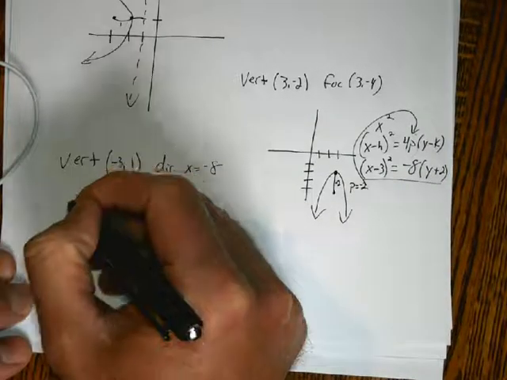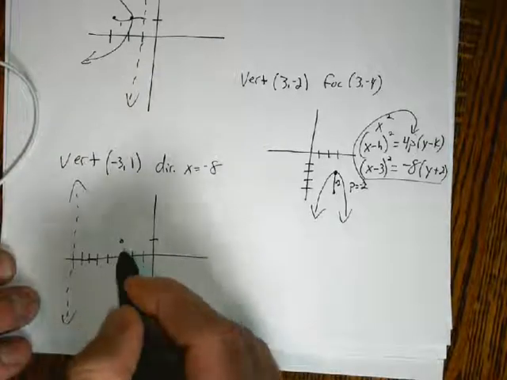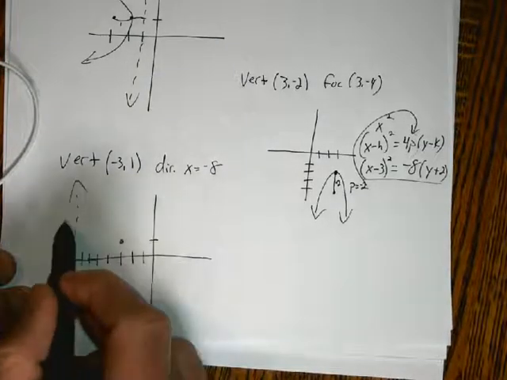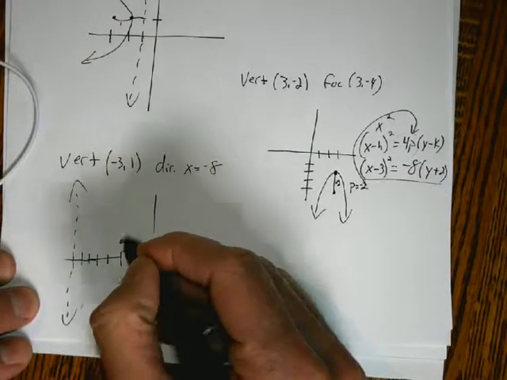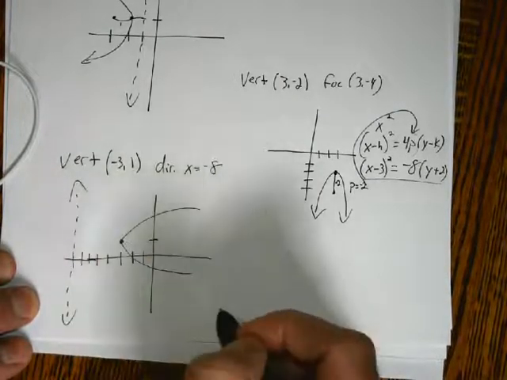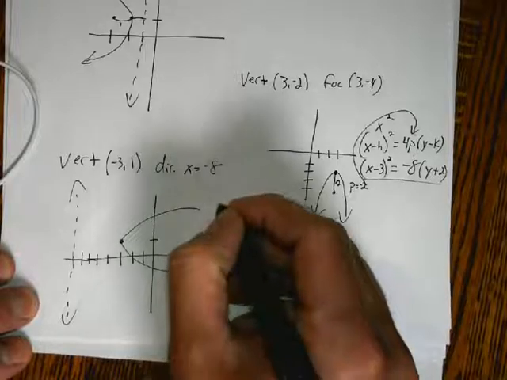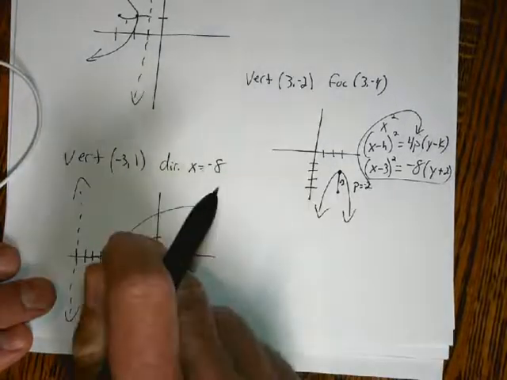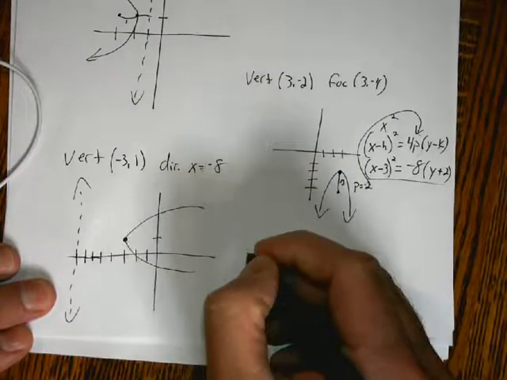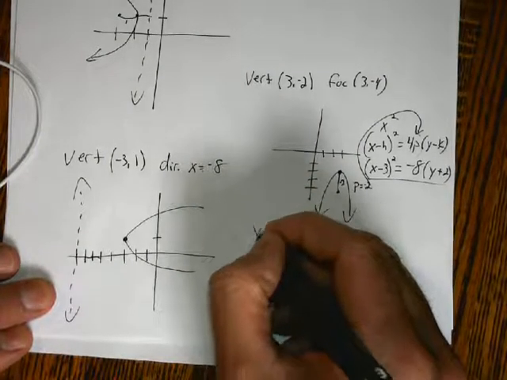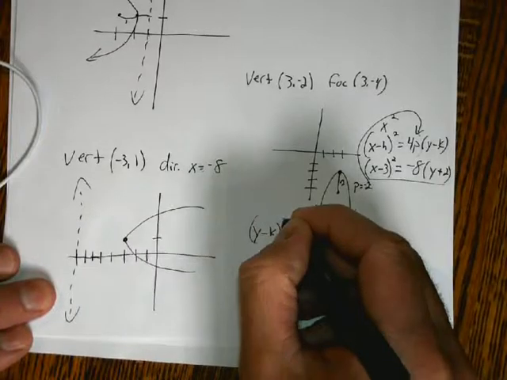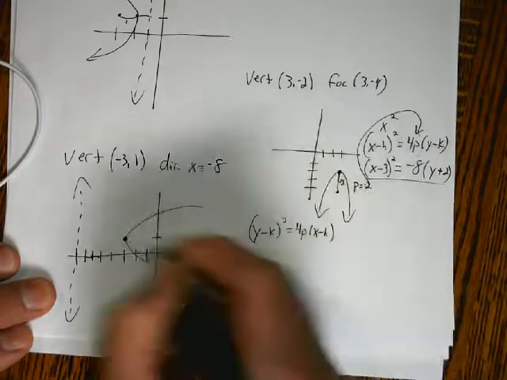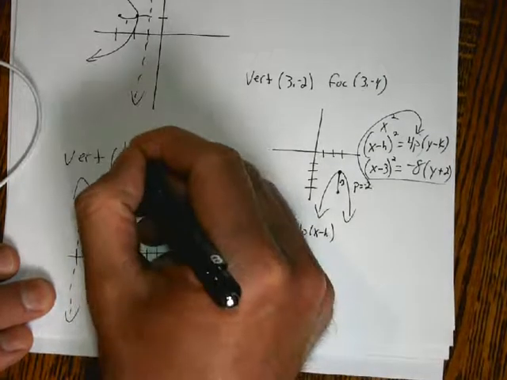Okay. So that means that if the directrix is here, it can't open toward the directrix. It has to open away from the directrix. So it has to go this direction, which means it's going to be a y squared parabola with a positive value for p because it's moving towards the right. So again, we start out with the generic y minus k, quantity squared, is 4p times x minus h. Well, we know that the vertex is your h and k.